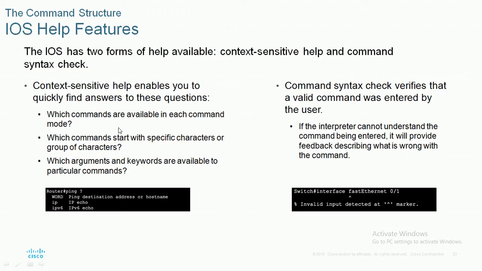For example, I entered global configuration mode, so how can I see what commands I can apply in global configuration mode? By pressing a question mark, you can easily get the commands you can apply in this mode. And command syntax check verifies whether a valid command was entered by the user or not.